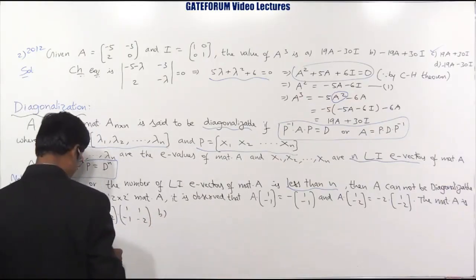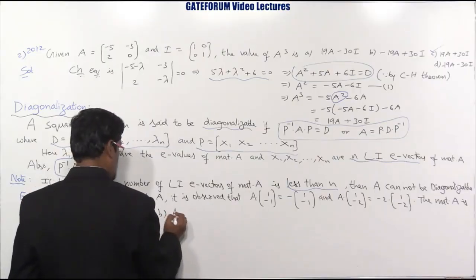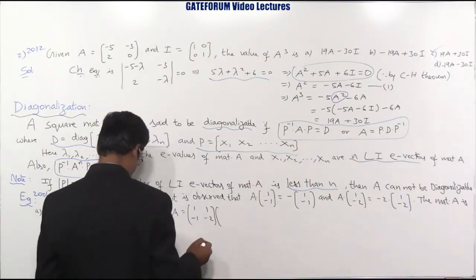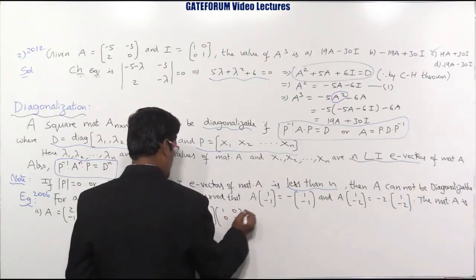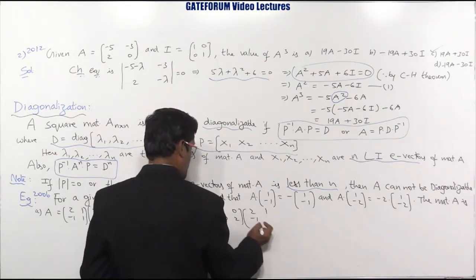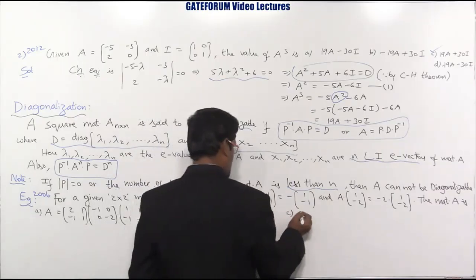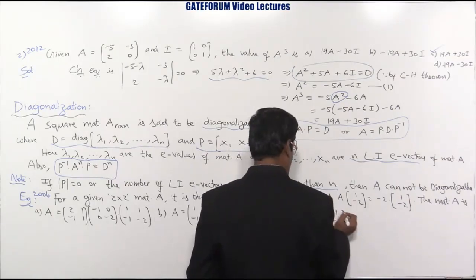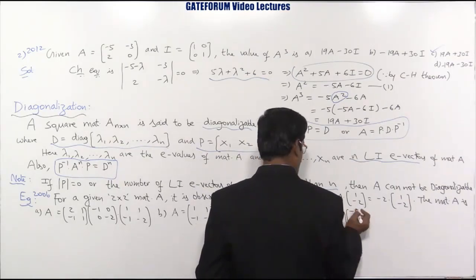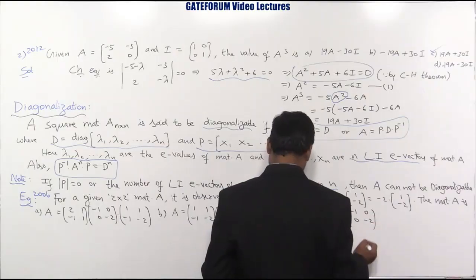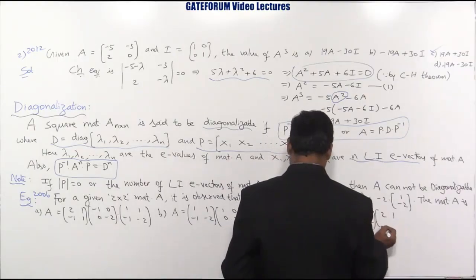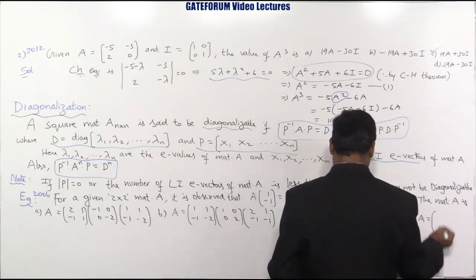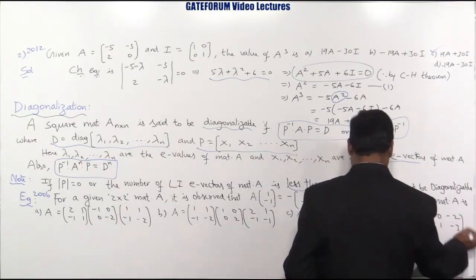Option B, A is equal to (1 1; minus 1 minus 2) into (1 0; 0 2) into (2 1; minus 1 minus 1). Option C, A is equal to (1 1; minus 1 minus 2) into (minus 1 0; 0 minus 2) into (2 1; minus 1 minus 1). Option D, A is equal to (0 minus 2; 1 minus 3).